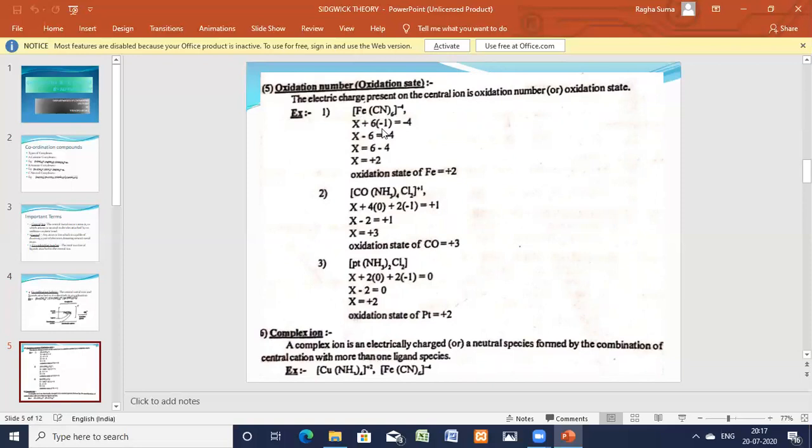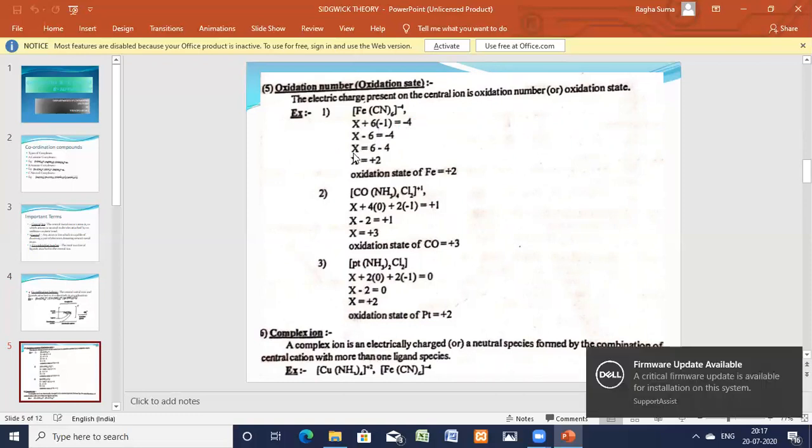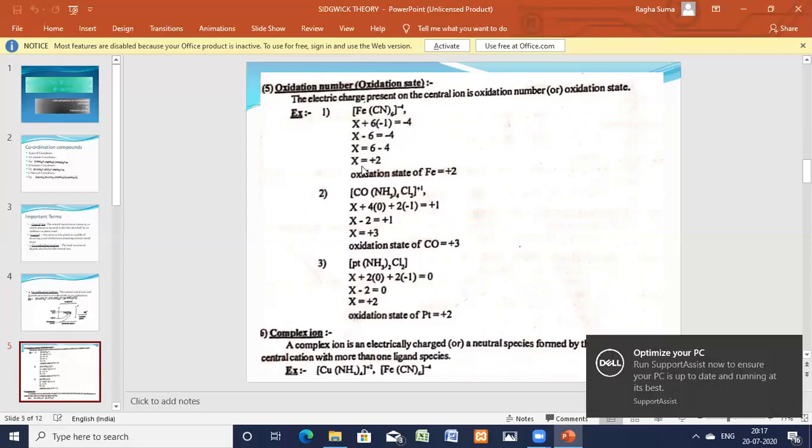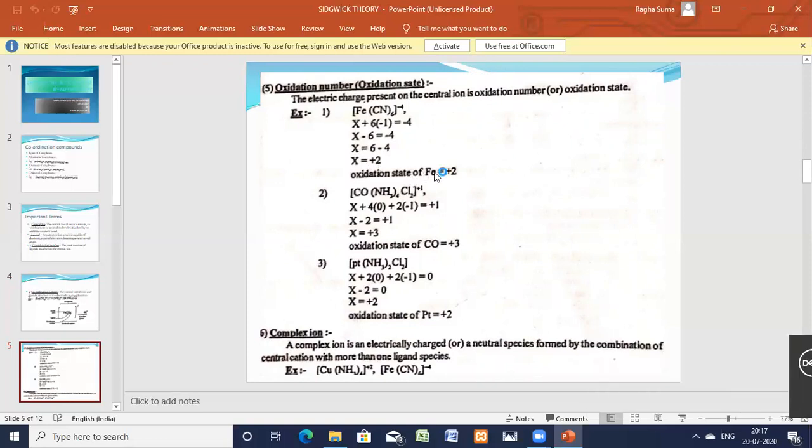So X plus 6 into -1 is equal to -4. So X minus 6 is equal to -4. Once the 6 goes to the right hand side, you get +6, so X is equal to 6 minus 4. X is equal to +2. So the oxidation state of the iron is +2.